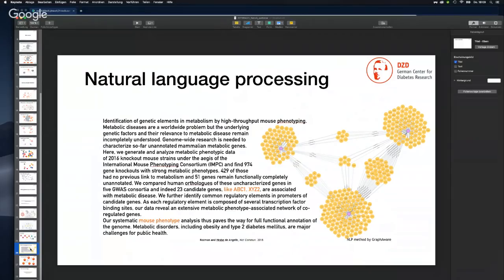There's a free tutorial that you can do on GitHub. You can input your text there and let it run. We are now working together with GraphAware on these several million articles. So we didn't develop it ourselves. Cool. I think hopefully that answered that question.